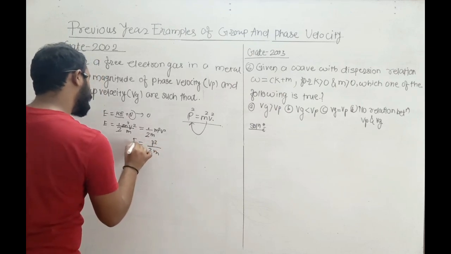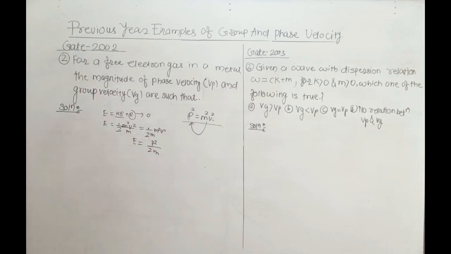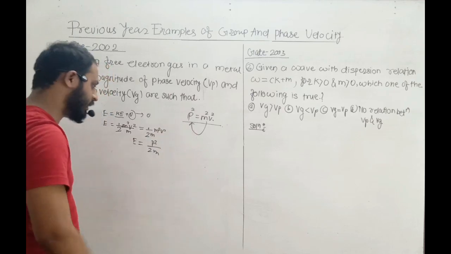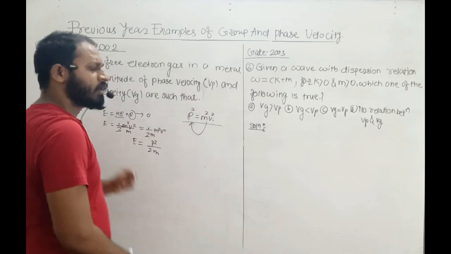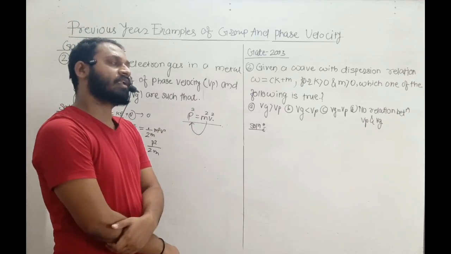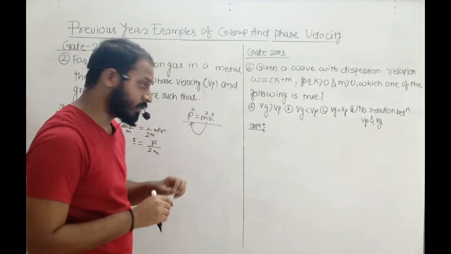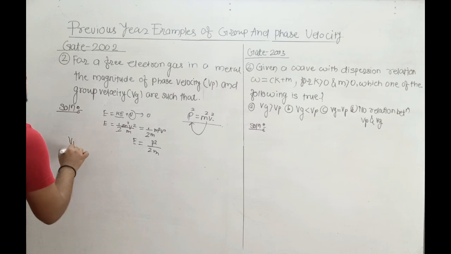This is your energy. Now see, they are asking to find the relation between the phase and group velocity. We have a formula that relates the phase velocity in terms of energy, that is, Vp equals E by p.